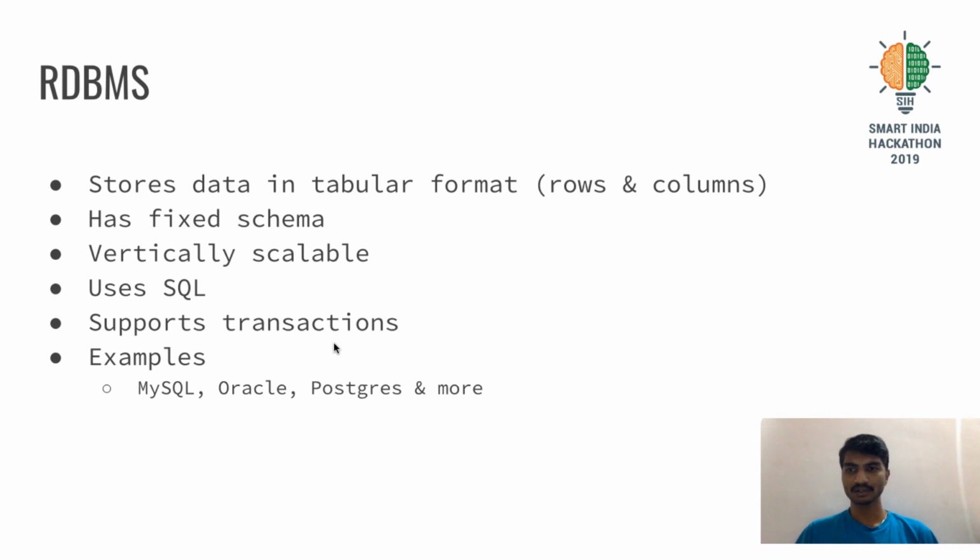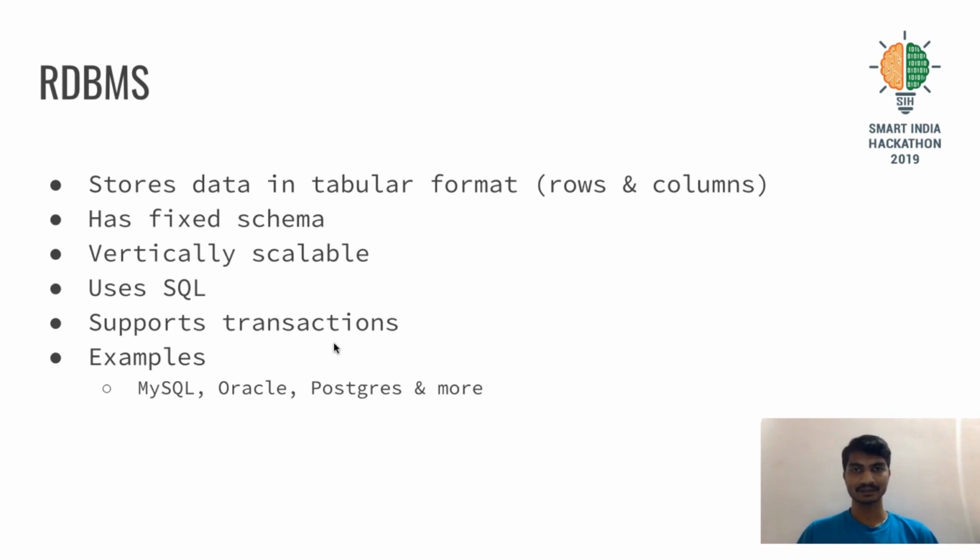So what are RDBMS, relational database management systems? In relational database management systems, normally the data is stored in a tabular format, in rows and columns, similar to what we see in Excel sheets, but in a more refined, customized way.